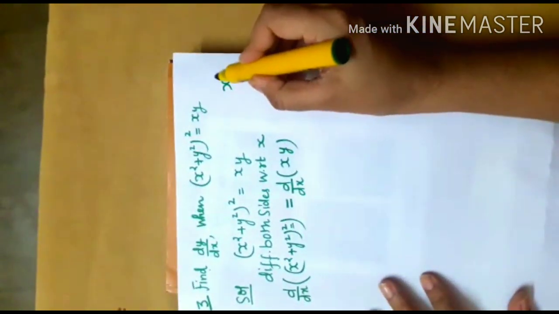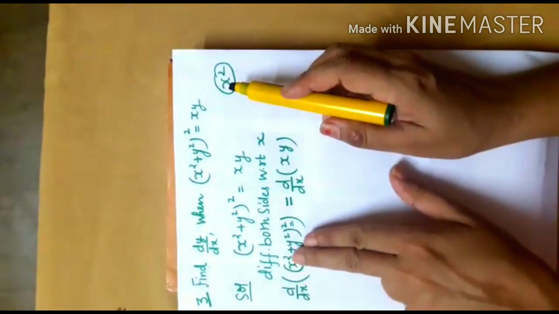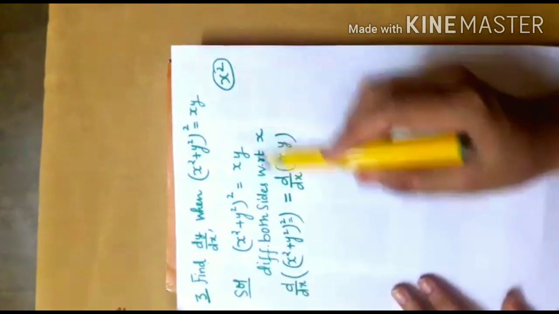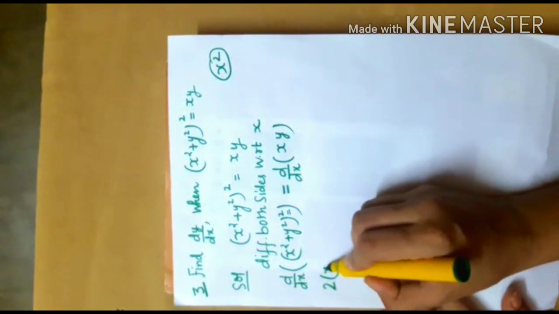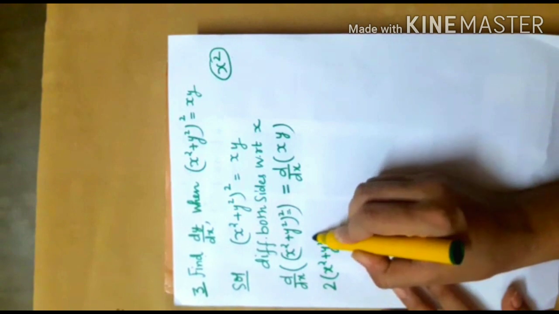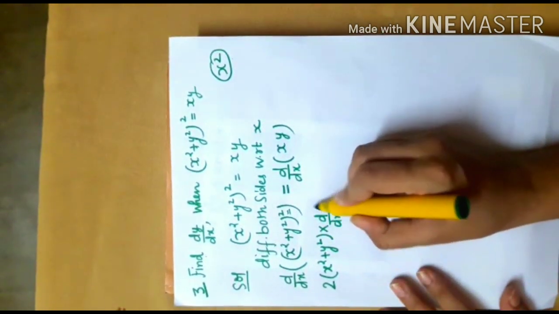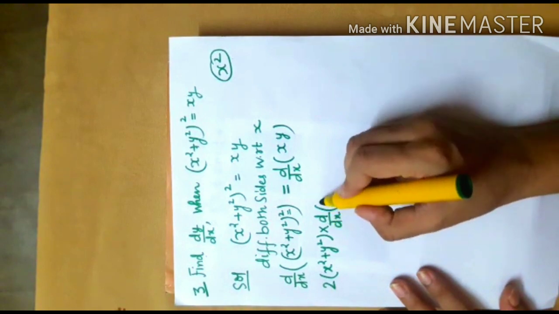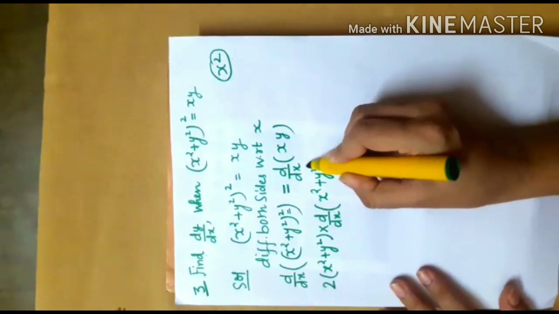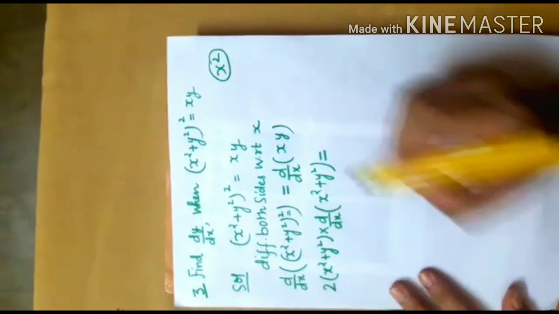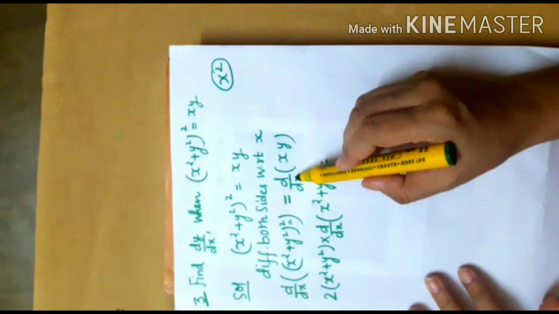It is of the form x square, where role of x is being played by this function. So derivative will be 2 into x square plus y square. Then by chain rule, multiply it with the derivative of inner function, which is x square plus y square. This equals the derivative of xy with respect to x.